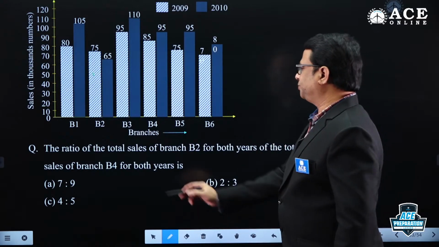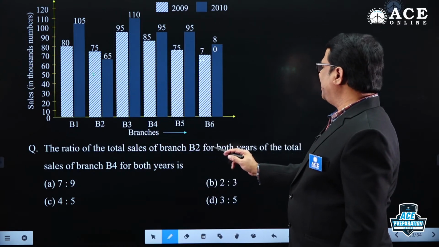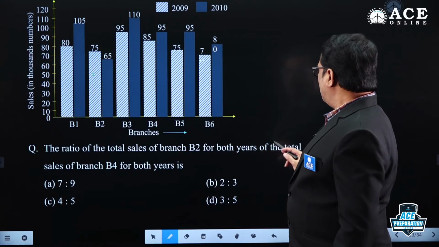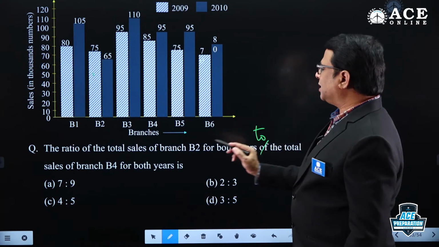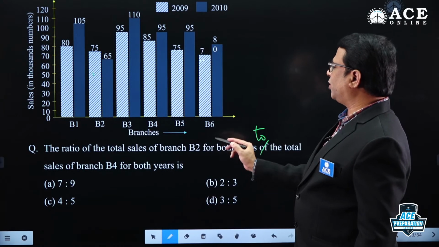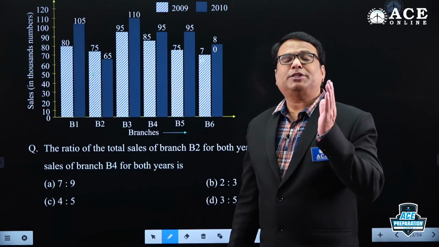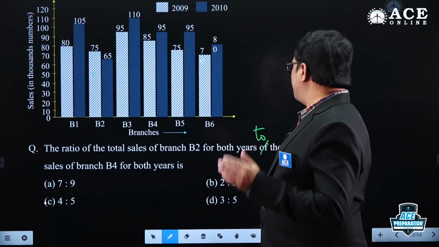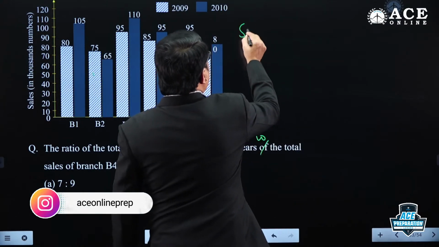The ratio of total sales of branch B2 for both years to the total sales of branch B4 for both years is dash. So we are asked to find the ratio of sales of branch B2 and B4.